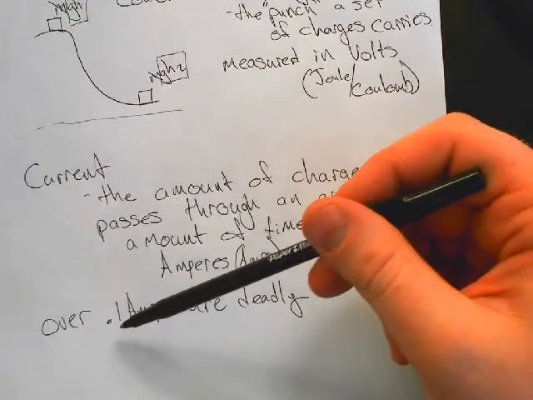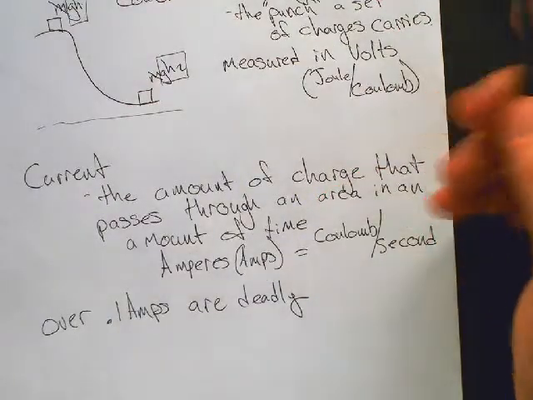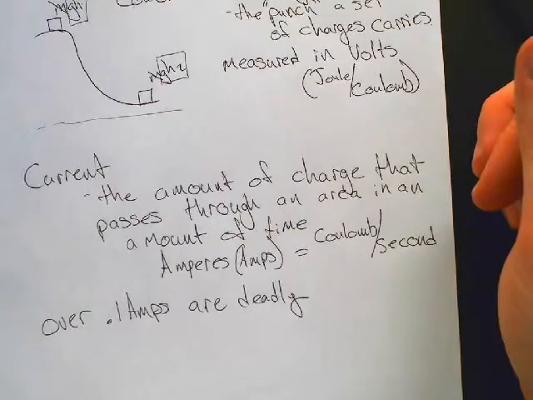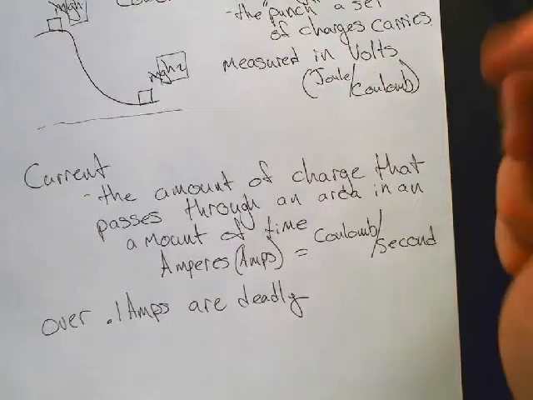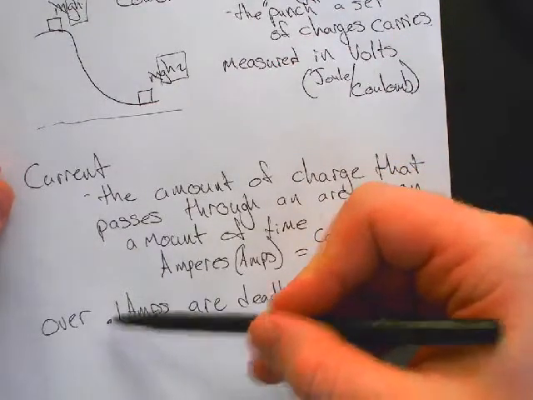So way less than this value. It's not in the, oh, this is just a mild tingling sensation. It's definitely in the ow range, but it's way less than the deadly range.